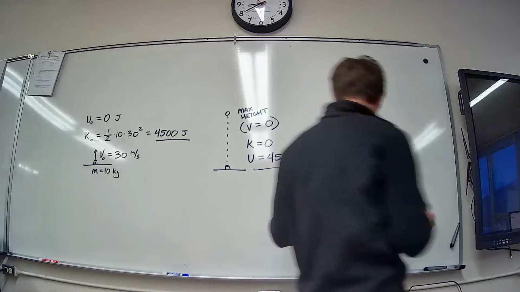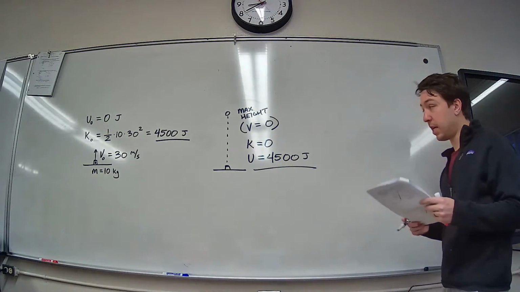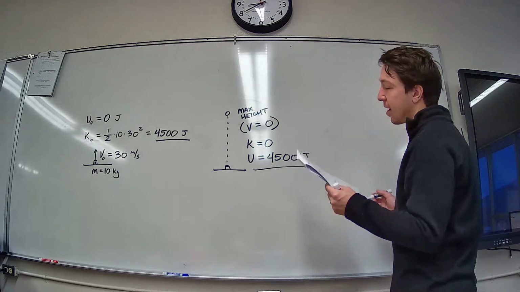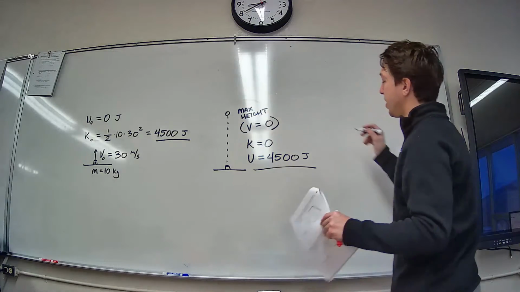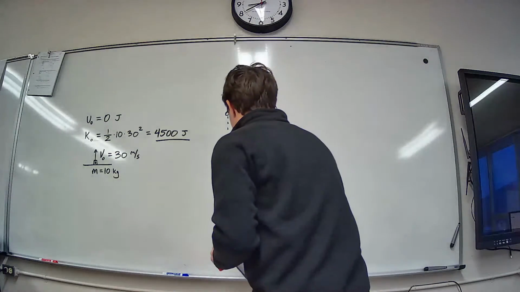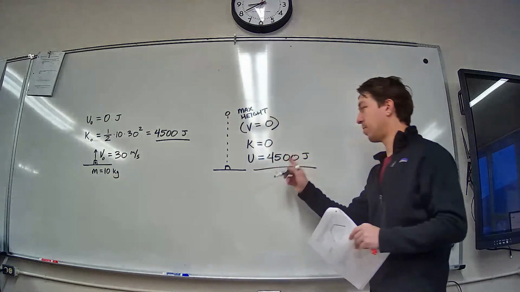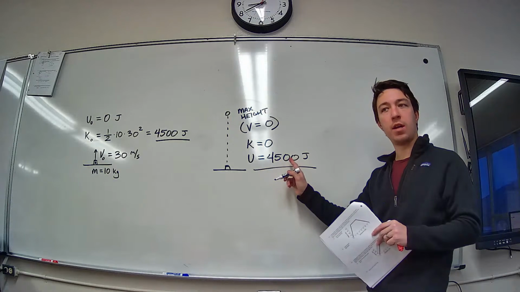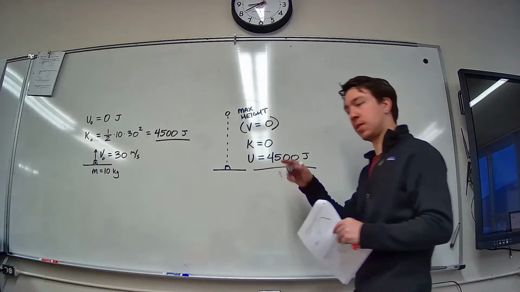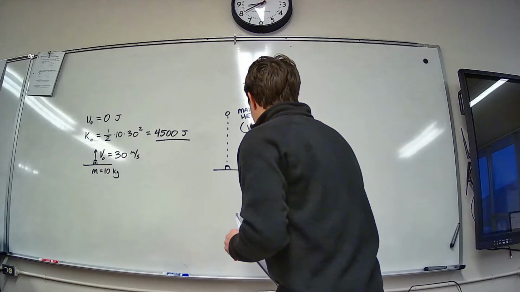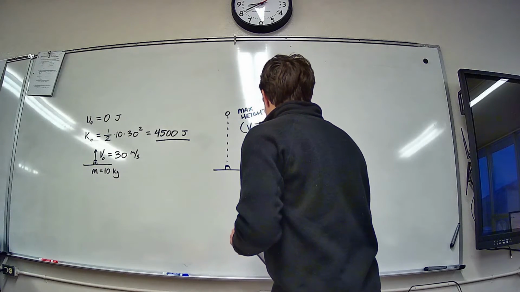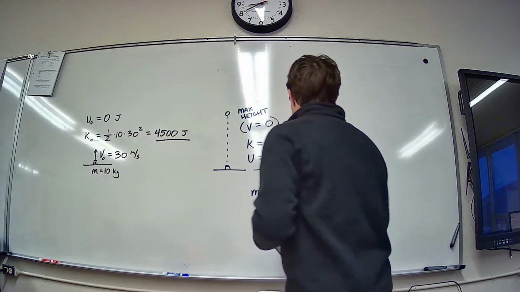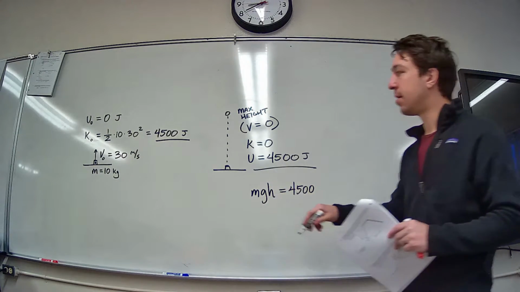And then part D is how do you find what this max height actually is? Well, you know the potential energy quantity, and you know a formula for potential energy. So let's set those equal. You go mgh equals 4,500.